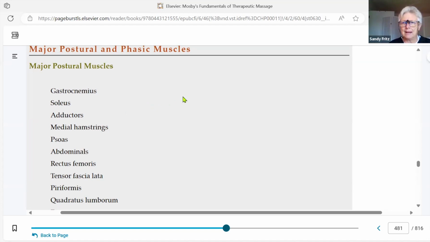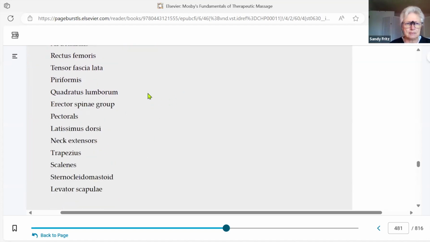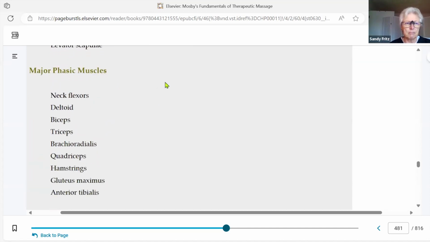Now, when we lay down, we take ourselves out of gravity. We give some relief to these. Movers, they're the ones that allow us to reach out or to run or to turn our head.